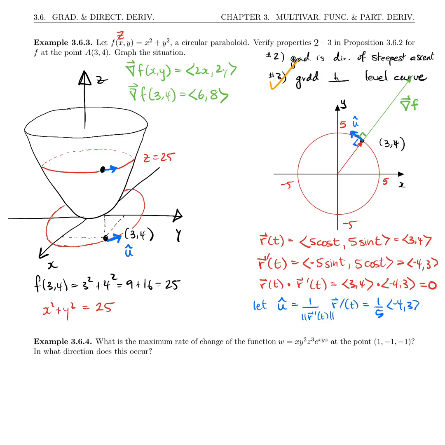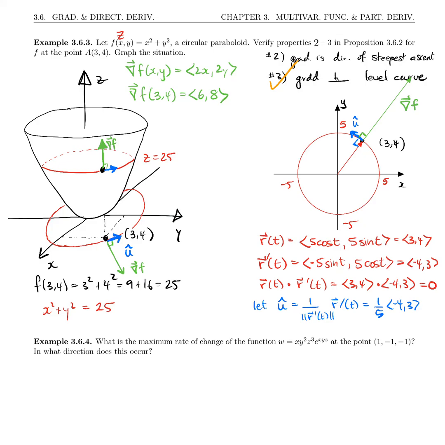Similarly, the gradient is going to be perpendicular to u hat. And up on the function surface, the image of the gradient would look like this. Perpendicular again to that level curve.